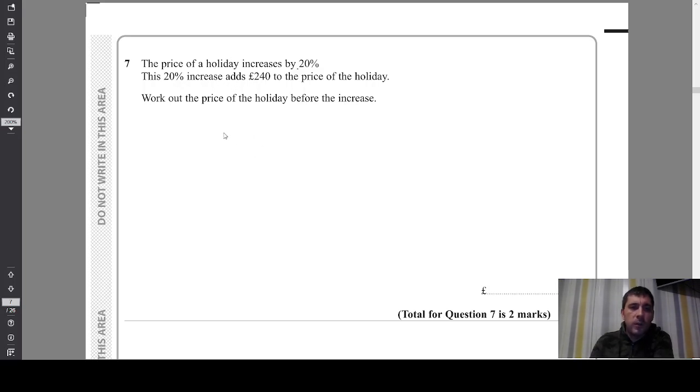So I know that 20% is 240. The 20% adds 240 to the holiday. So how do I work out 100%?